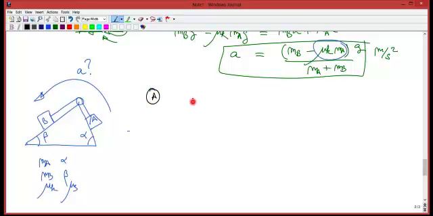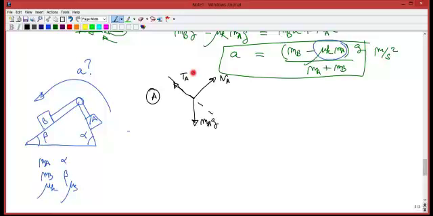Object A. Weight. So far, so good. Nothing new under the tree. Second, normal force on A, no problem. Third, TA, no problem. Fourth, now we have friction.